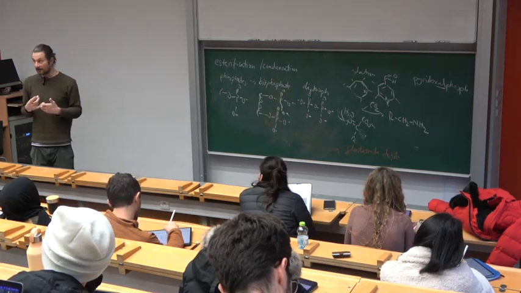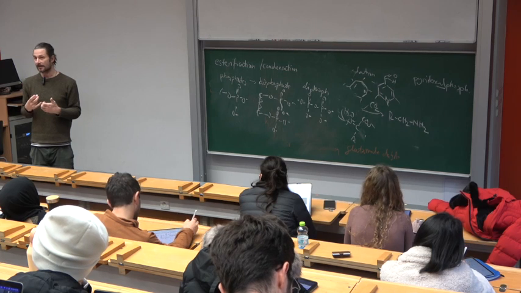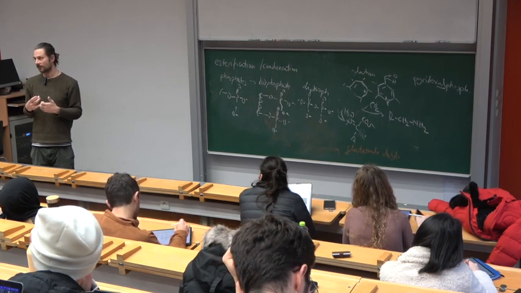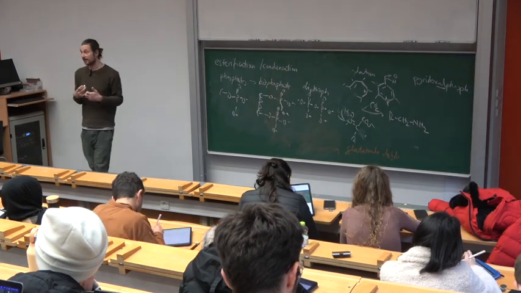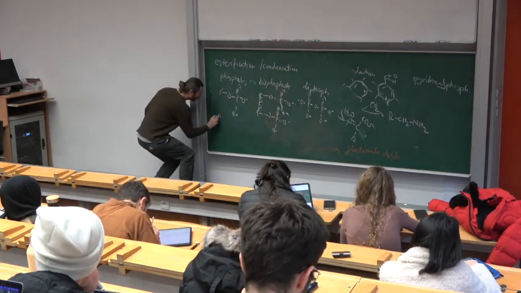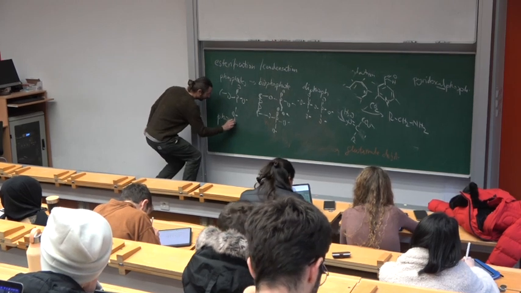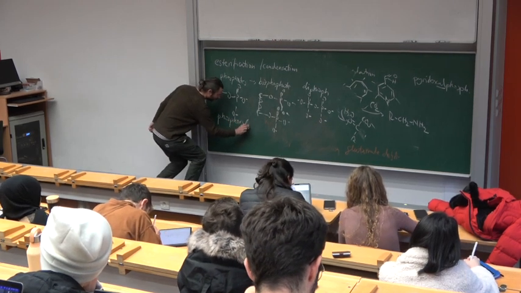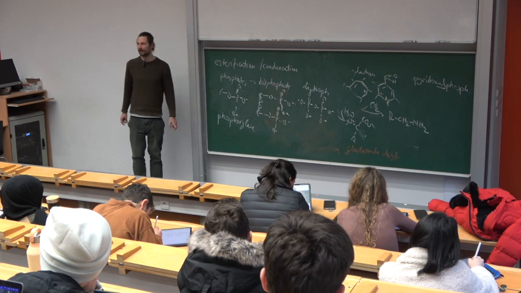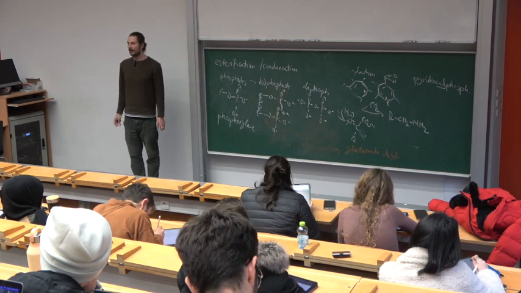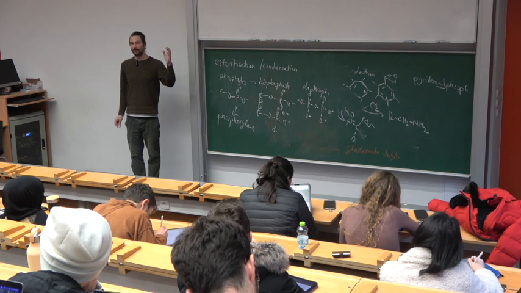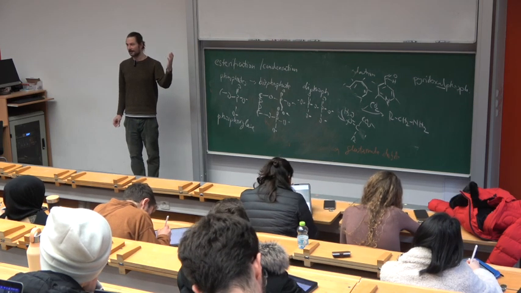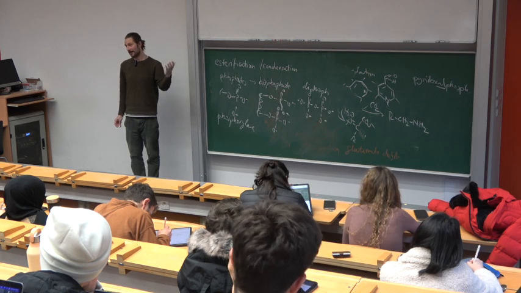The enzymes that catalyze the addition of phosphate groups are called phosphorylases. And if the phosphate groups come from ATP, then they are called kinases.